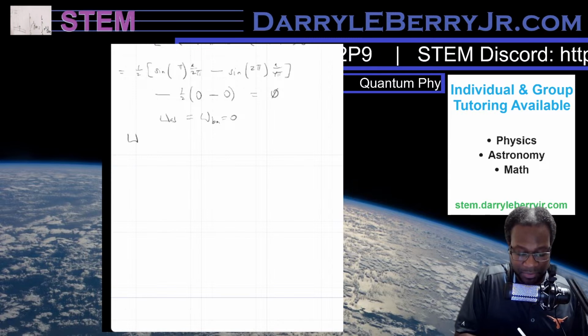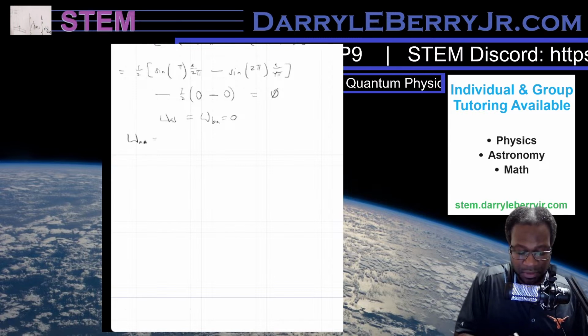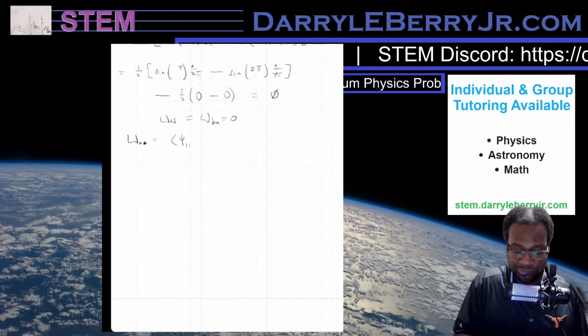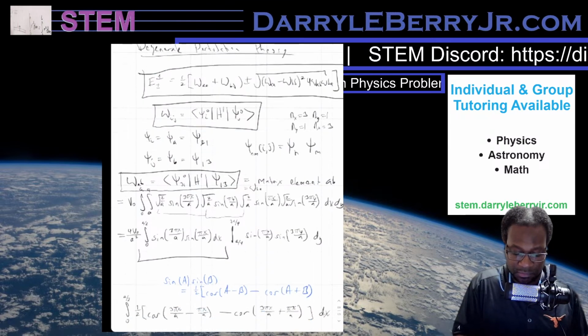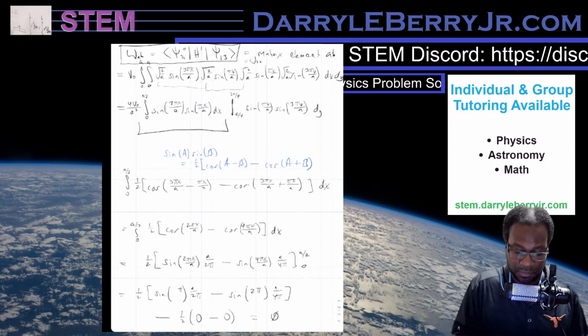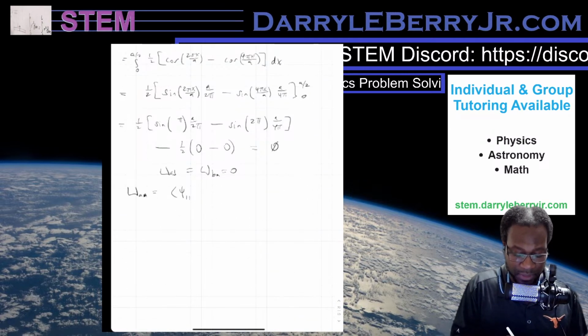Now we have WAA, which equals psi 1, psi 3, 1, 3, 1.